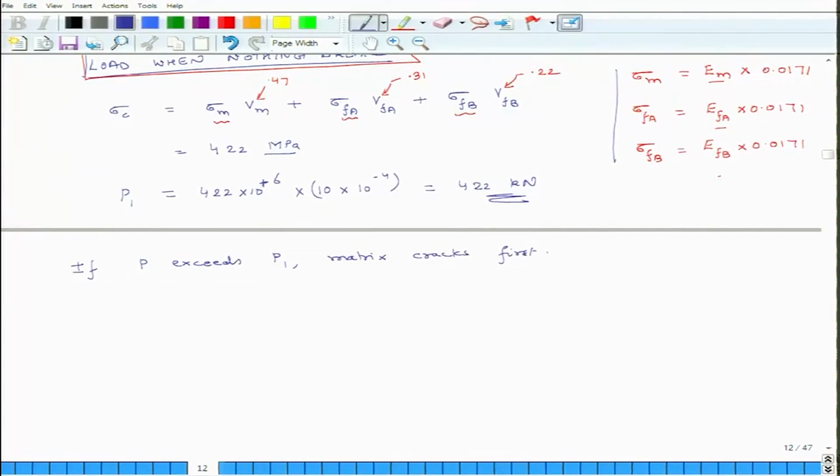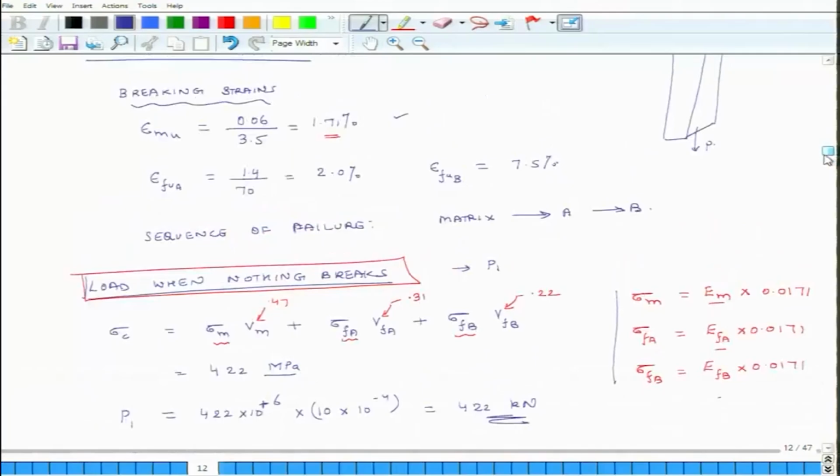Okay. So, once matrix has cracked, all the load which is borne by the matrix, it gets shifted to fiber A and fiber B. So, once it cracks, all the load gets shifted to the fibers, but I can still keep on pulling it further, right.